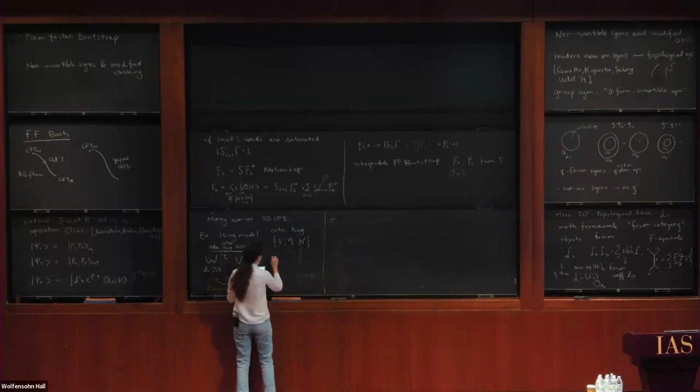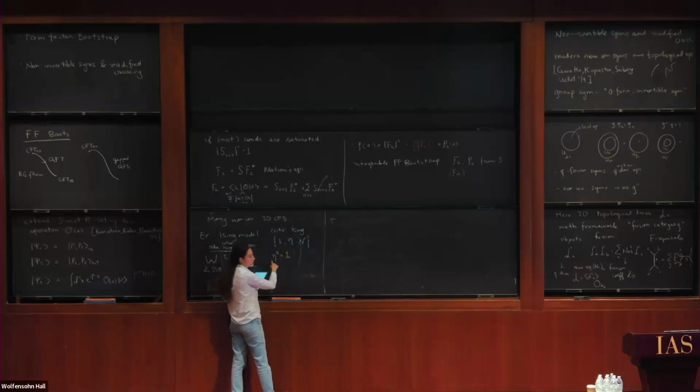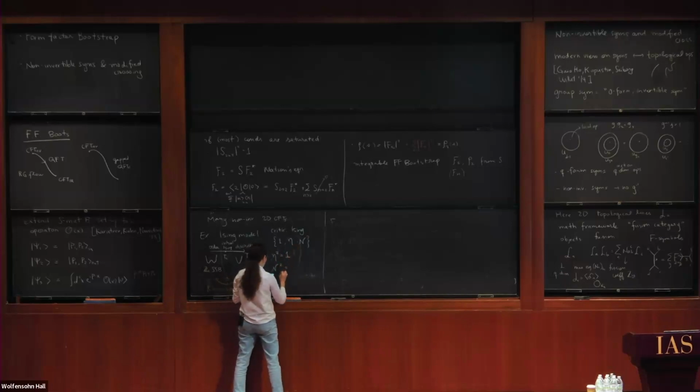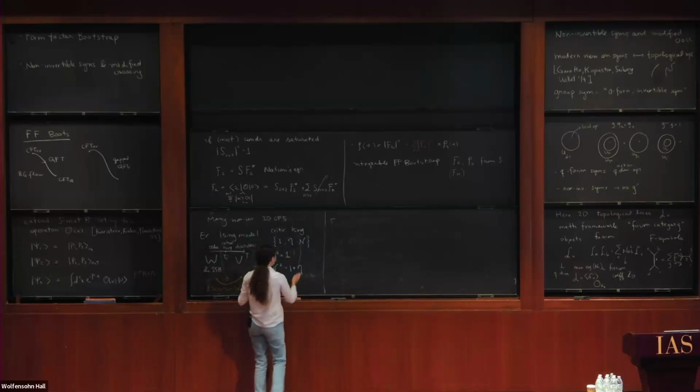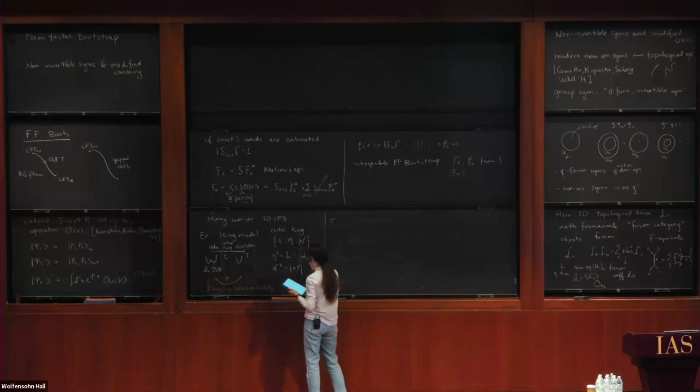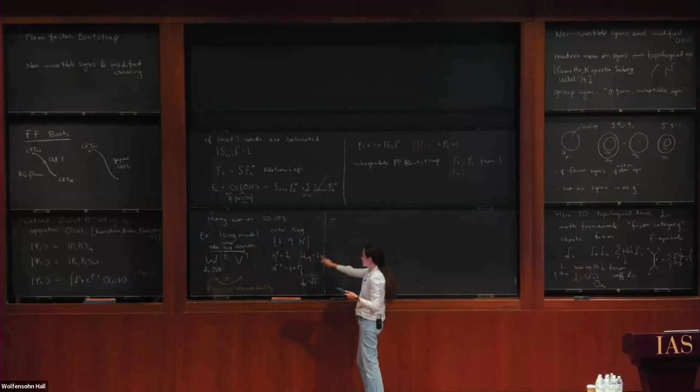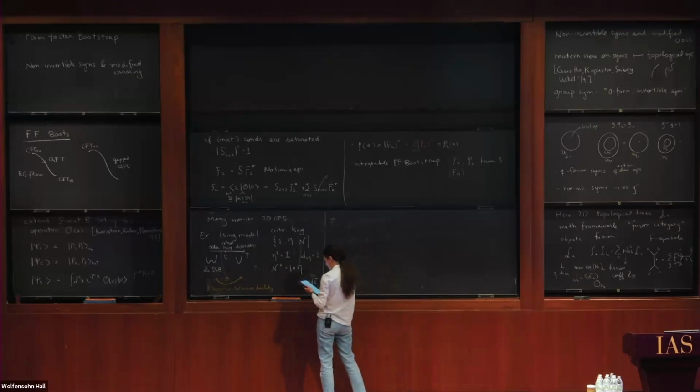The fusion rules for Z2, since it's a group and eta is its own inverse, give eta times eta equals 1. And for the Kramers-Wannier line, you would get N times N equals 1 plus eta. So you see, this is a non-invertible line, with two things on the right-hand side. The quantum dimensions for the identity and eta lines are 1, and for the Kramers-Wannier line, it's square root of 2. I'm writing this because in the amplitude there will be some Ds around.